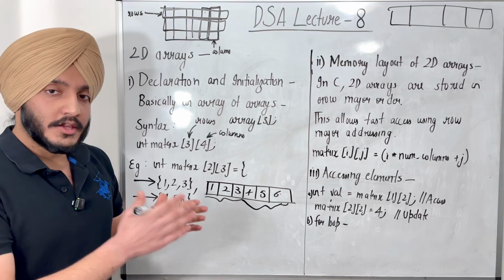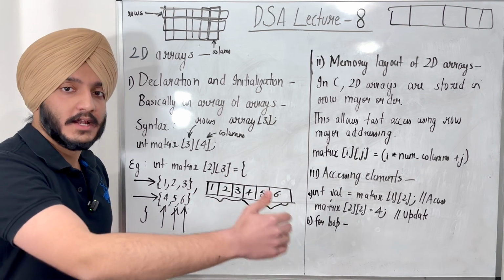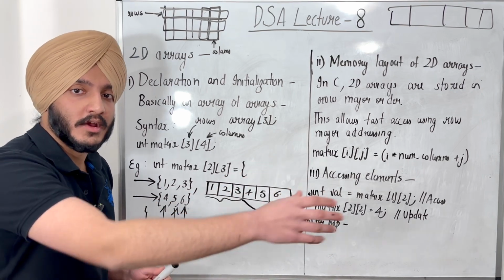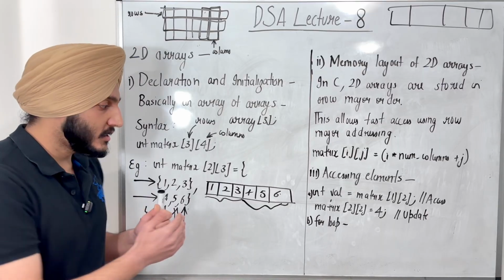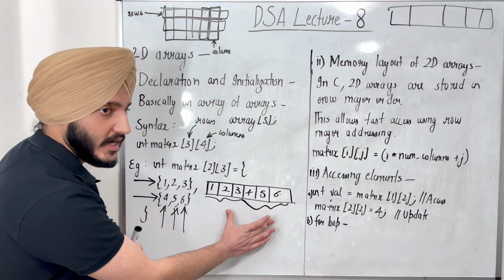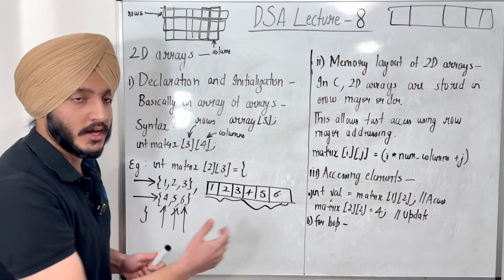Instead, think about the contiguous way, where you just have to go one step ahead every single time in the memory, and then you can find the element, right? So the reason for this kind of memory layout is very simple, so that we have a very fast access to our elements inside the 2D array, right?